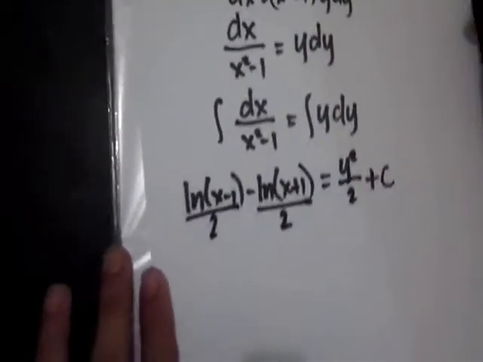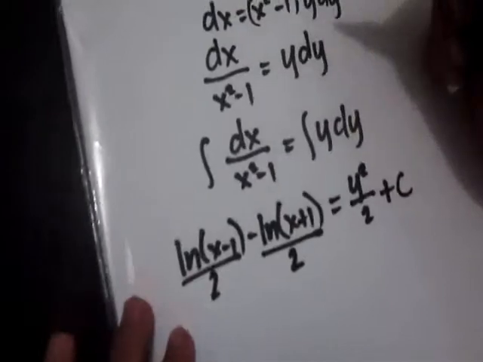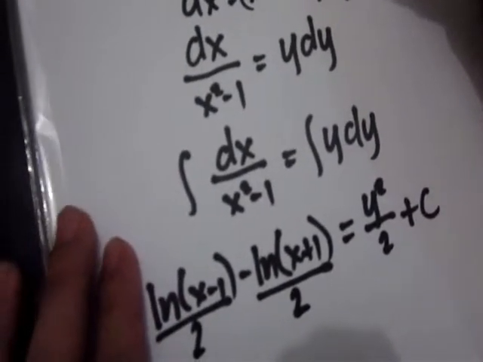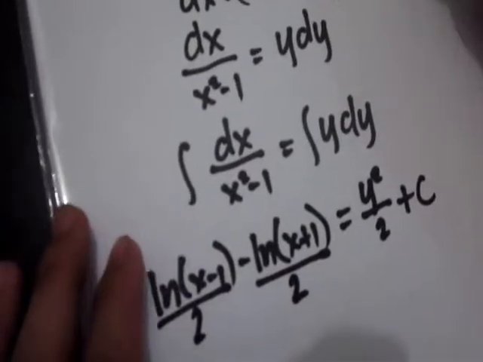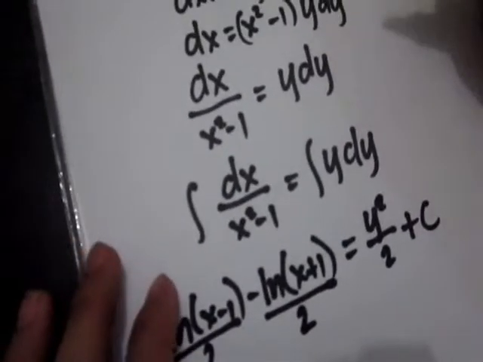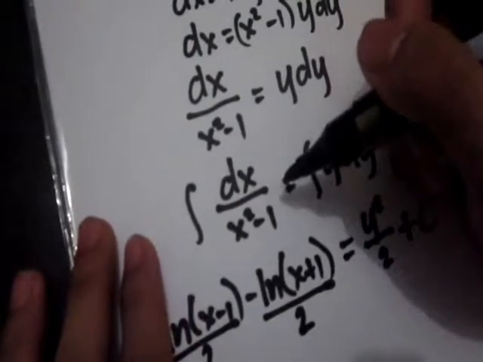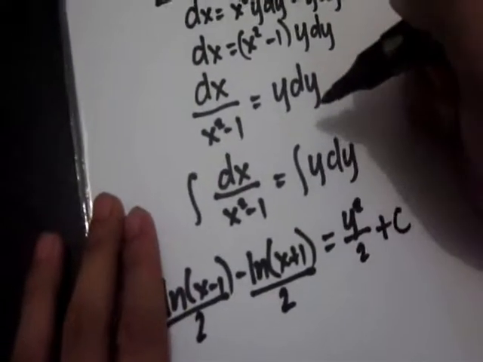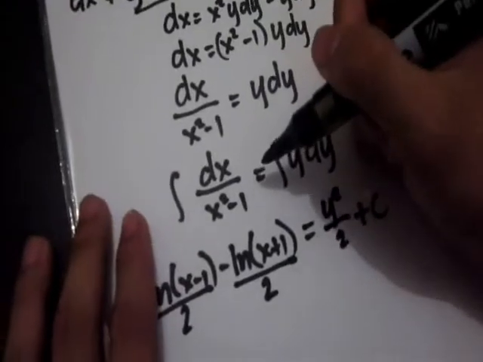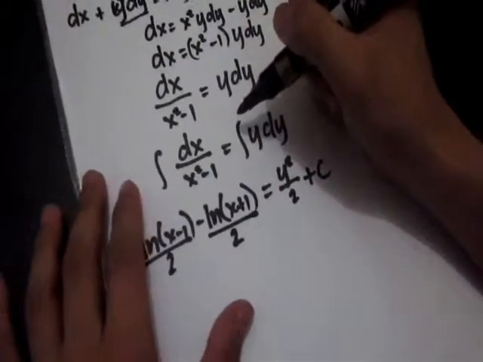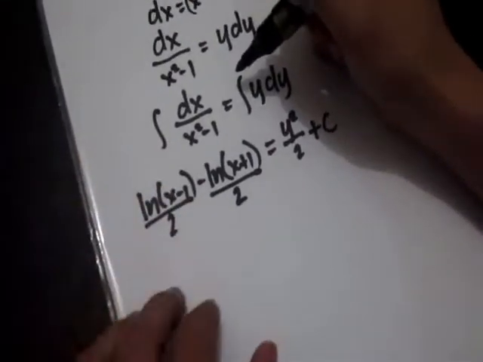The second step is integrating the standard differential form equation that we obtained by separating the variables of the equation. Here, integrating dx over x squared minus 1, one way of integrating it is by using partial fractions.